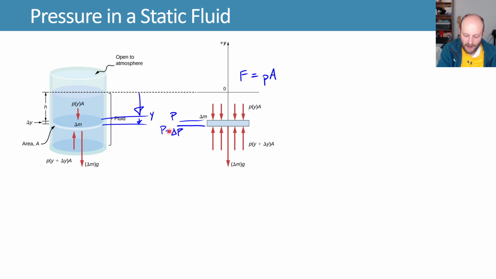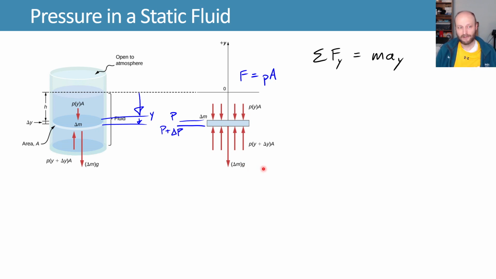We have some pressure at the top and some greater pressure at the bottom, where force is equal to pressure times area. Pressure is force over area. It's that same relationship. We can then say that the force acting on this section that we're taking out of the middle here, this delta m, this little bit of mass, is going to be the force exerted from the bottom acting up minus the force exerted from the top acting down, while including its own weight as well.